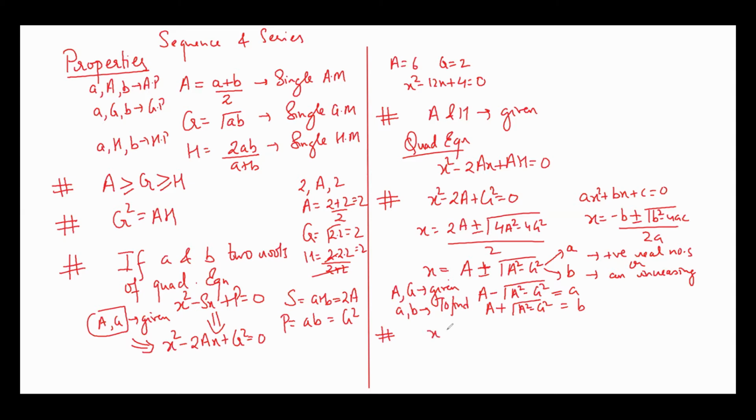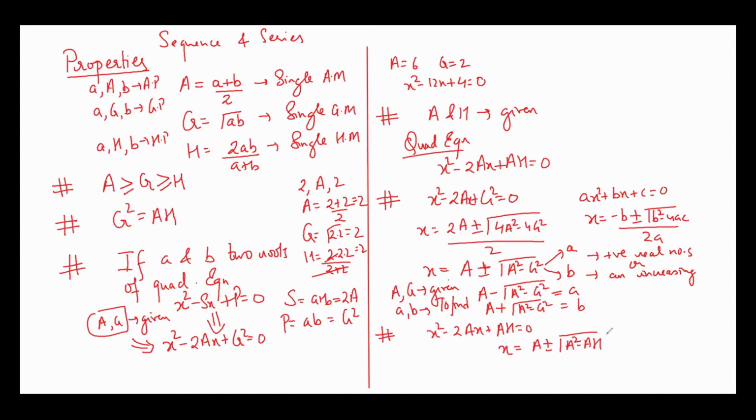Similarly, the quadratic in terms of a and h is this. When I solve this, I just have to replace this g square by ah. When I solve this, my roots will be these.